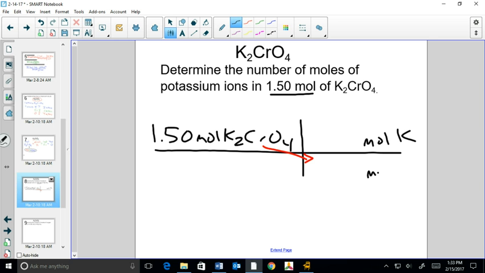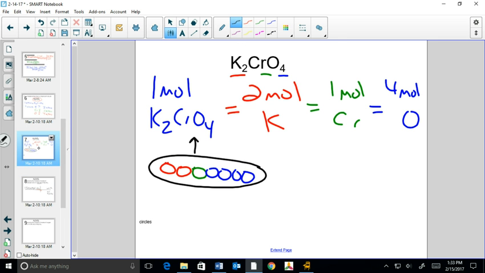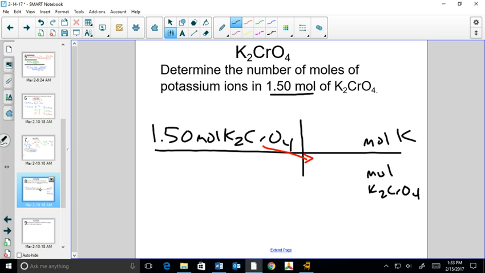So I will have moles of K2CrO4 here, and I go back to my ratio. What's the ratio here? If I'm looking at potassium in my compound, it's going to be a 2 to 1. So 2 goes there, 1 goes here. 1.5 times 2, I multiply these, so I get 3 moles of potassium.